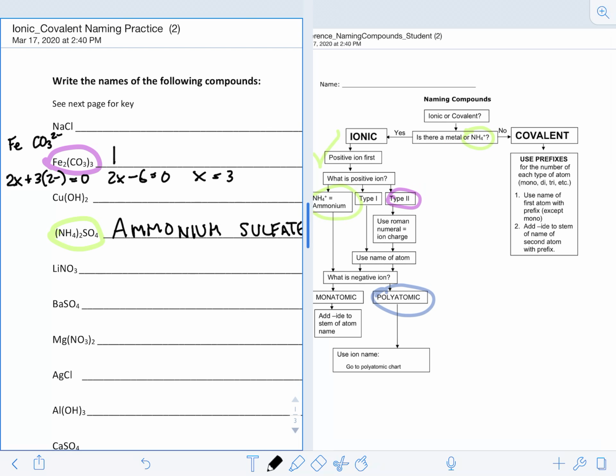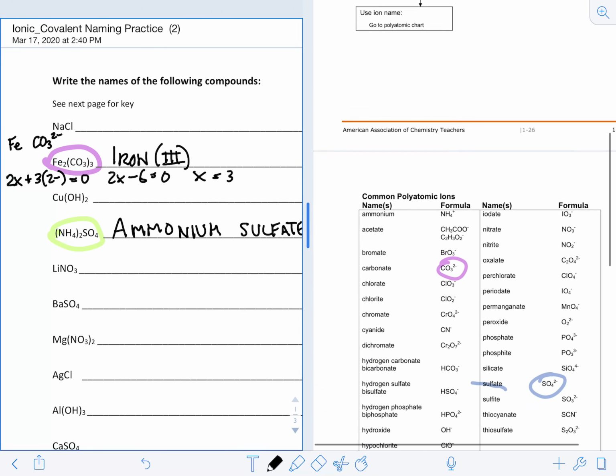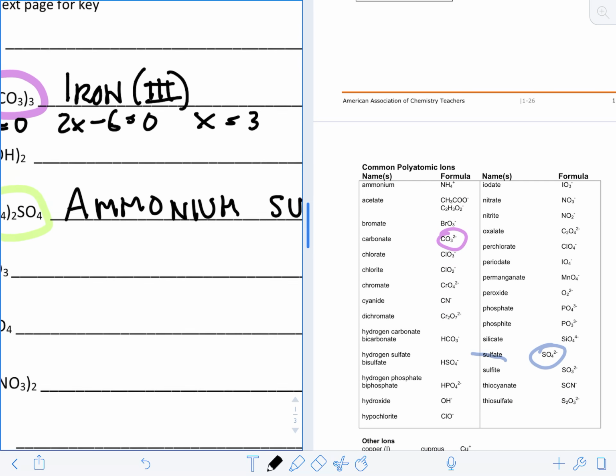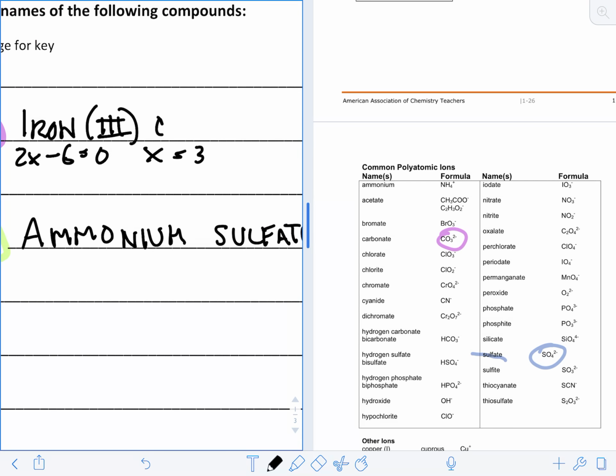And I'm going to write the name, which is iron, and I'm going to use Roman numeral 3. And then I need to determine the negative ion. Since it is not monoatomic, so there's more than one nonmetal, I want to use the name that is listed for that polyatomic, which is carbonate. So this becomes iron(III) carbonate.